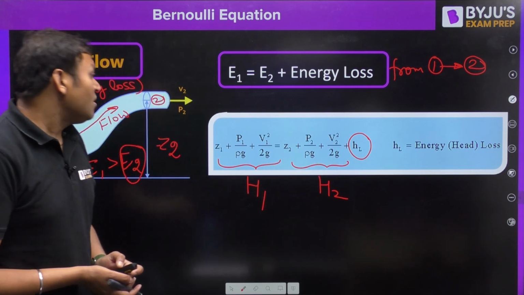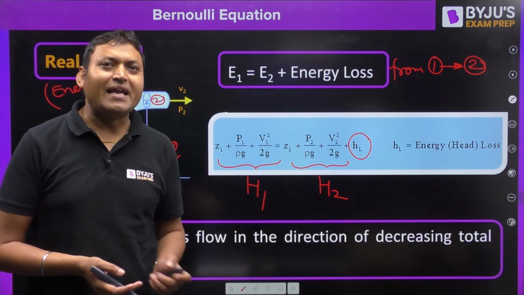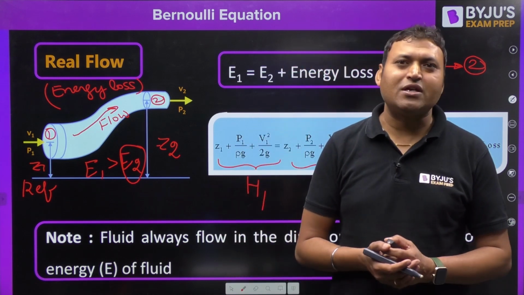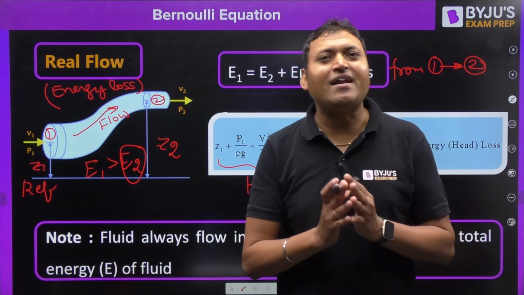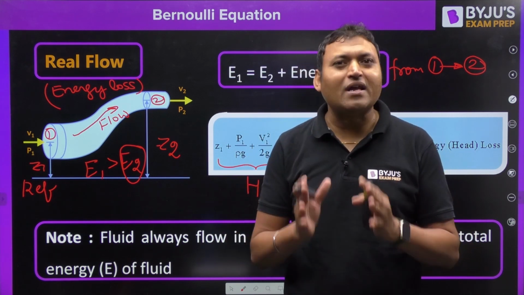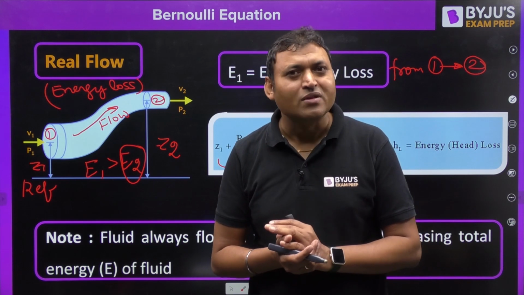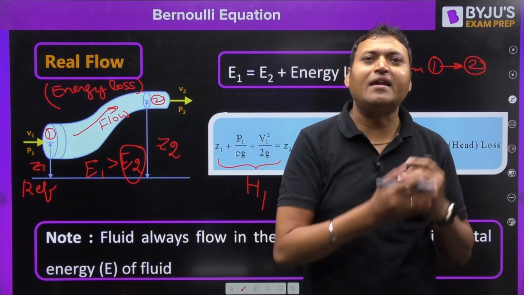All right. So we can say in case of real flow, there is always energy loss taking place in the flow direction, or we can say the fluid flow always takes place in the direction of decreasing total hydraulic energy of the fluid. If the flow is from 2 to 1, then the total energy of the fluid at section 2 is greater than the total energy at section 1.